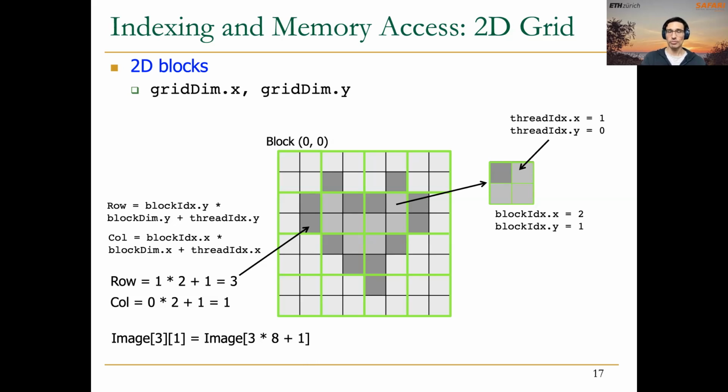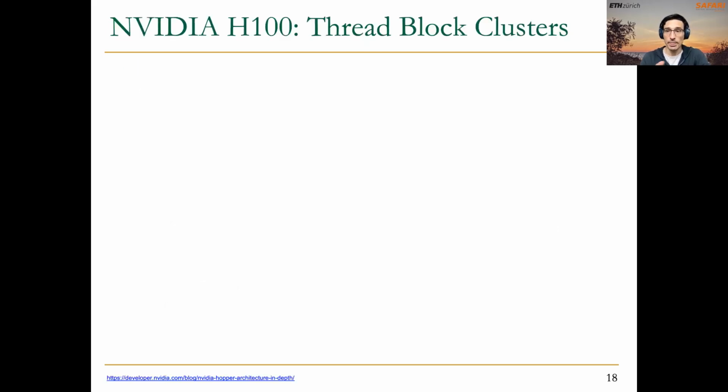So we are already familiar with threads, thread blocks, and grids, which are the basic components of the software hierarchy of programming GPUs. There is some interesting innovation in the recently released H100 architecture, called thread block clusters.